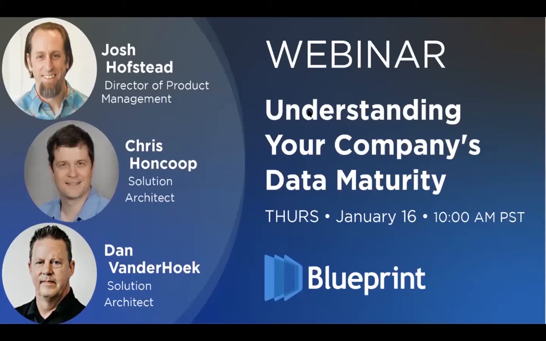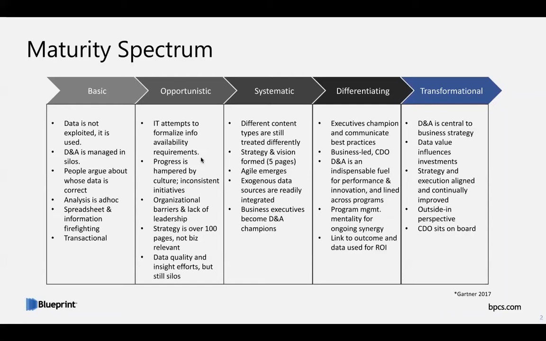So we will go to our first slide here. This is Gartner's data maturity spectrum. We want to spend a little bit of time talking through the various components of this, and I'll give a rough example of a couple of companies so we can understand how to think about these various categories within the spectrum.